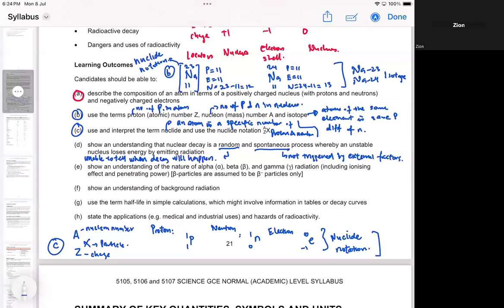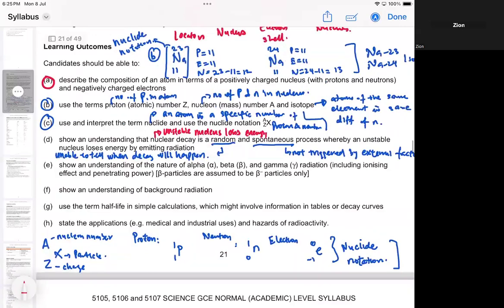So again, back to the point, what is a decay? In simple terms, in a nuclear decay, because it's nucleus, we say that an unstable nucleus is losing energy. And how does it lose energy?